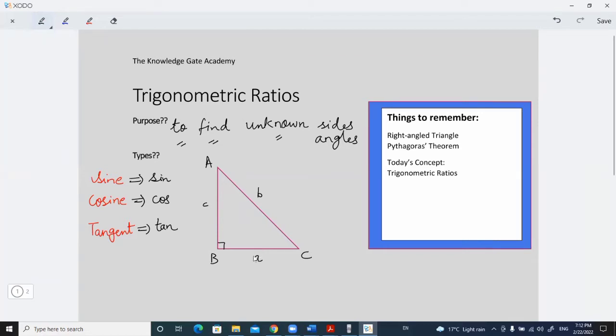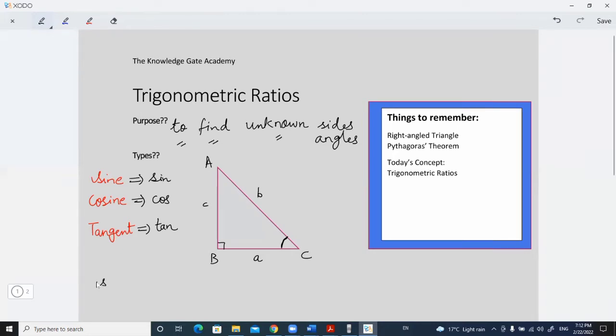First of all, how to find the sine ratio? These three ratios can be expressed as ratios of the sides. Suppose this is angle C, because it is made at vertex C. How to find the ratio of the sides for sine with respect to angle C?